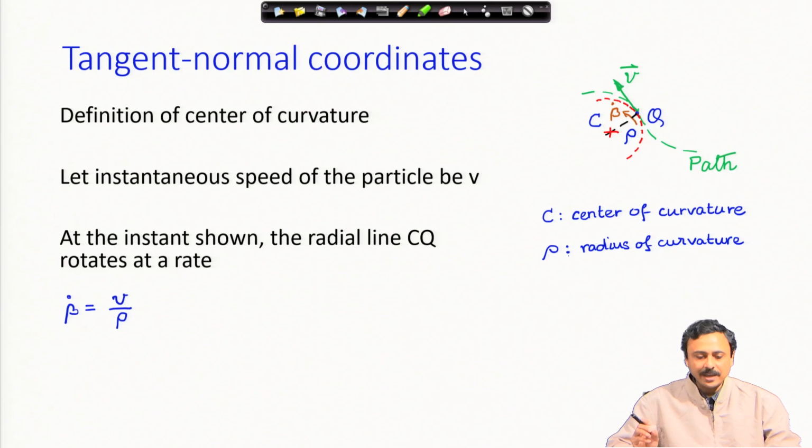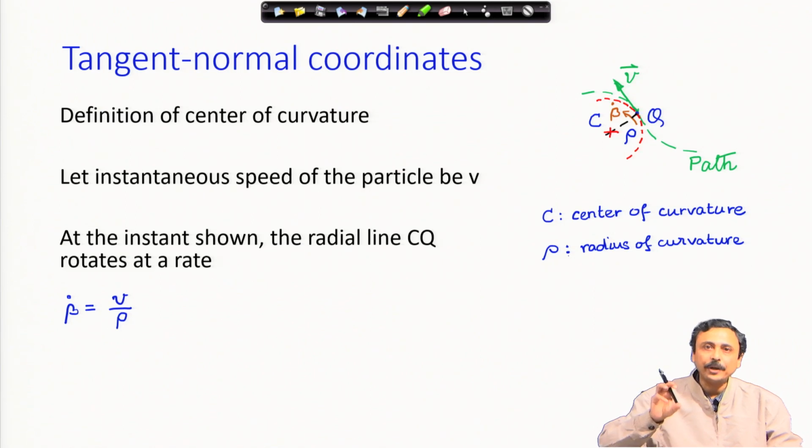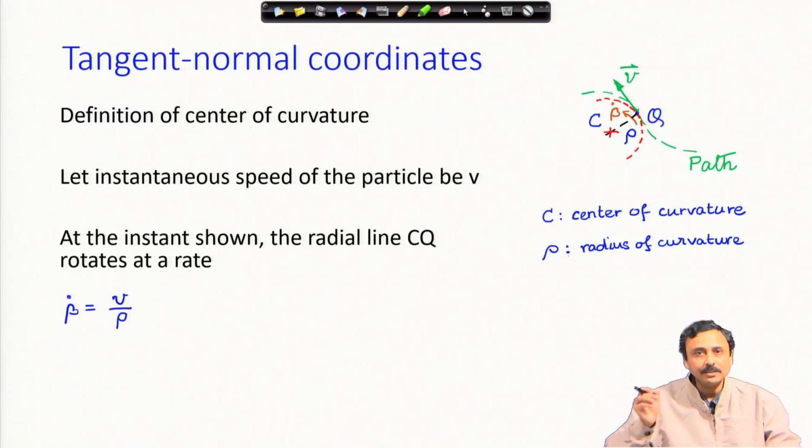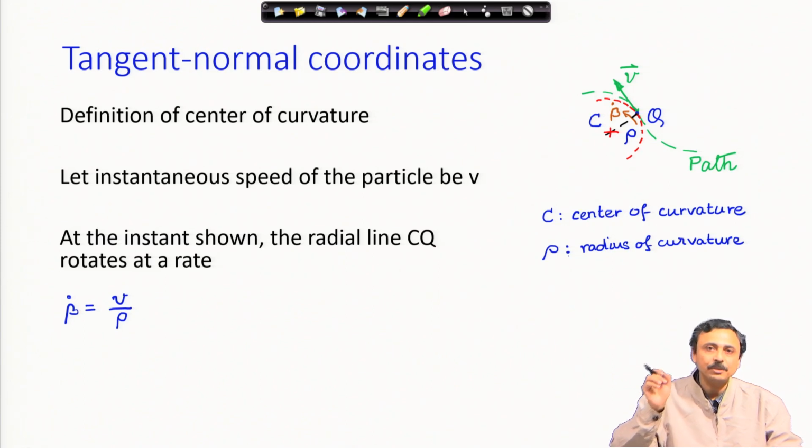Then you can imagine that this line CQ, Q is the particle, so C to Q, the center to the particle, is a radial line, and that must be rotating as the particle moves, at least for infinitesimal motions.